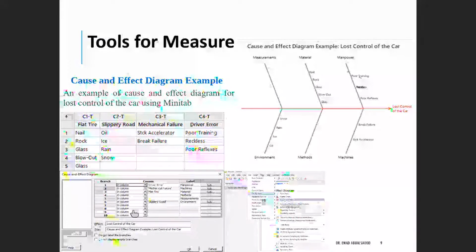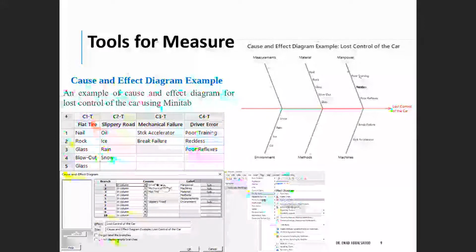This one you just leave as is for the default, and it says in column. What does it mean in column? That means all the information for this cause here, the first one, is listed in a column. Which column? For example, here the driver error was in C4. So when you come to this one, it will be blank like this one here.